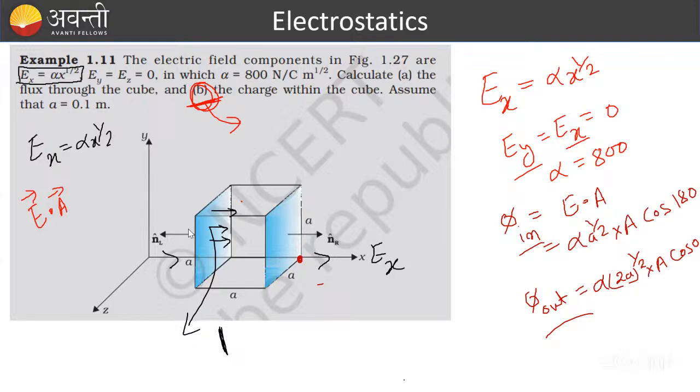And which perpendicular? Outward normal you will be taking. So this is the direction of area vector. So angle between area vector and electric field is how much? 180. Done hai? Hemant, are you getting me?